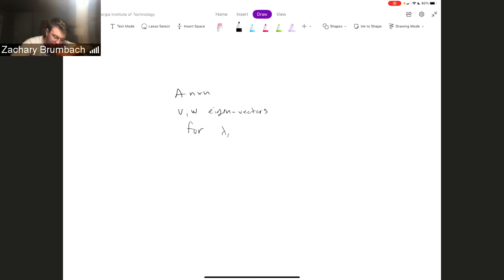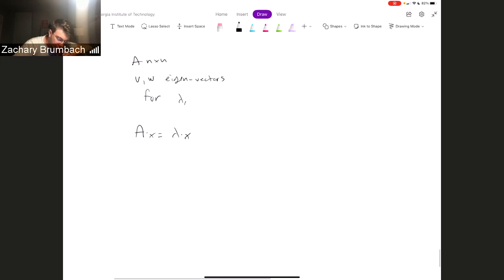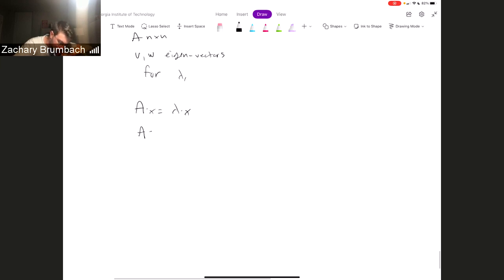So remember the definition of an eigenvector is A times that vector is equal to lambda times that vector. Okay. So in this case, X is V minus W. Okay. And one of the laws of matrices is that we can distribute. Is that supposed to be V minus W, or V plus W?